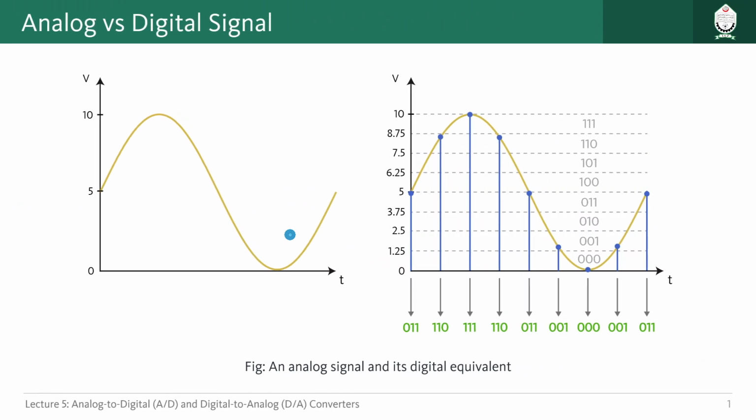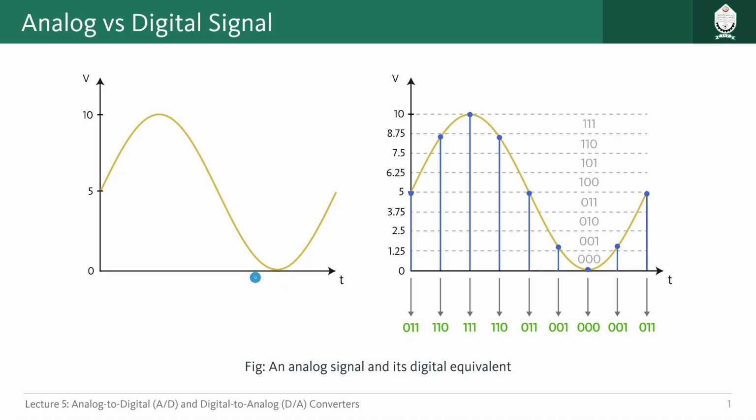First of all, let us try to understand what is the difference between analog and digital signal. In the left, the signal you see is an analog signal, and in this signal the horizontal direction is denoting the time and vertical direction is the amplitude, and in both directions you can see the signal has continuous value. This is not discrete.